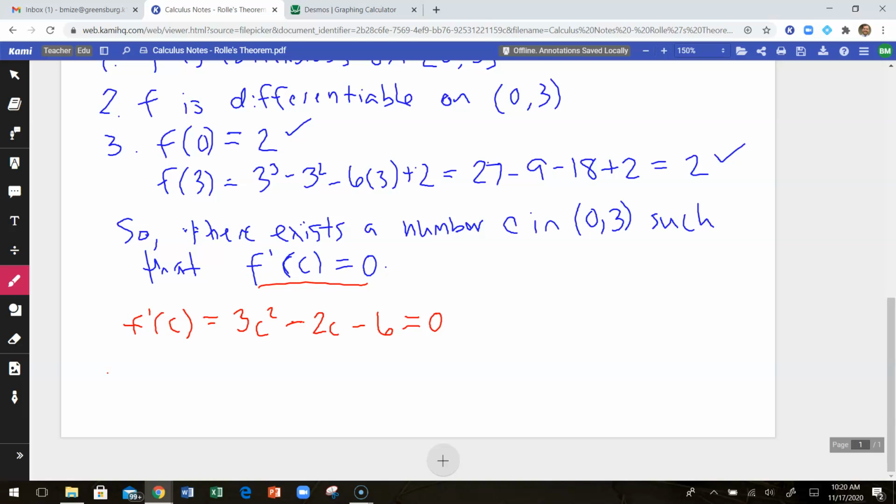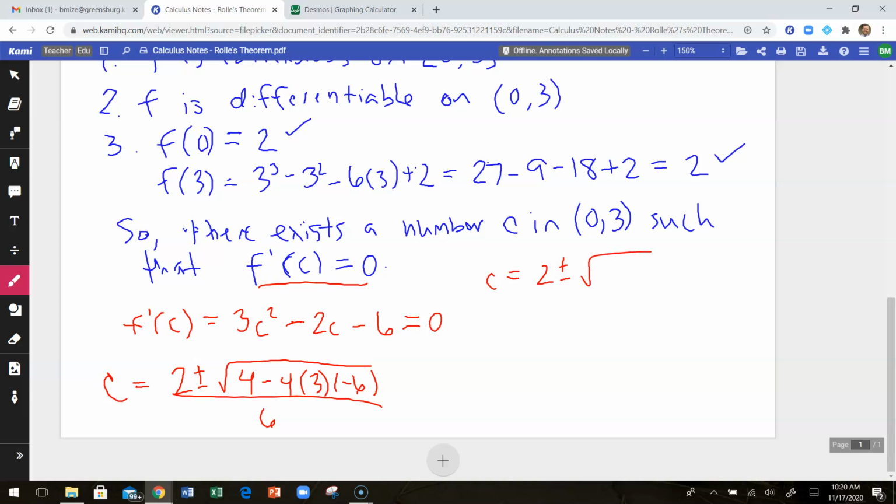I'm going to use the quadratic formula to find this. So c is going to equal 2 plus or minus the square root of 4 minus 4 times 3 times negative 6 all over 2 times a, which would be 6. So that's going to give us that c is equal to 2 plus or minus the square root of, if I multiply out that inside and combine those, I'm going to get 76 over 6.